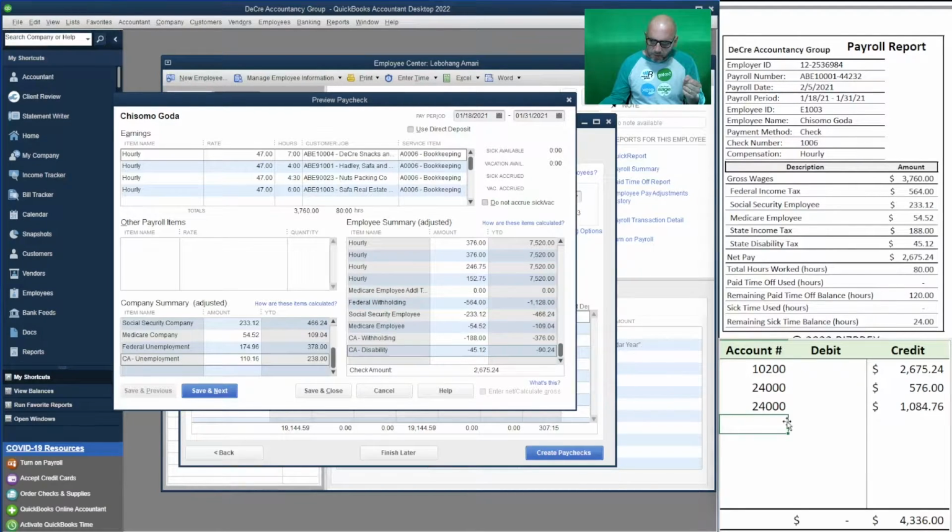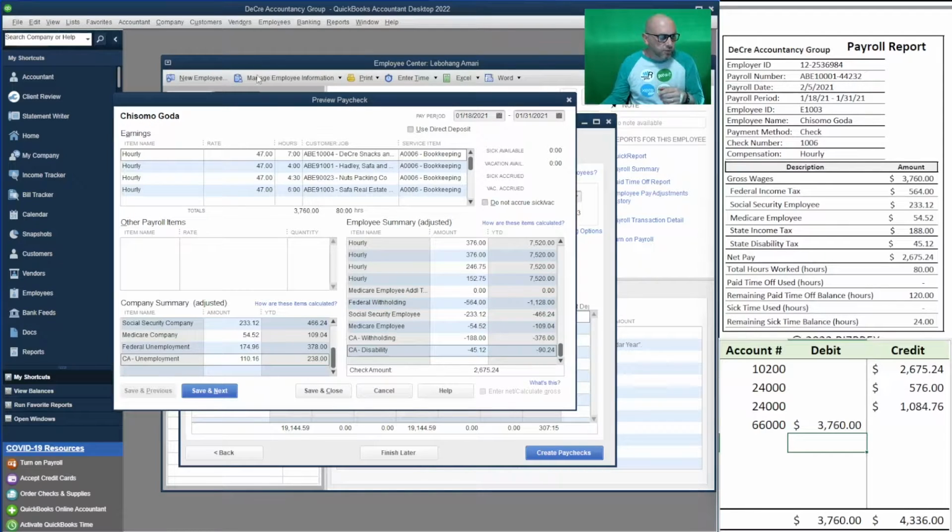Let's see. All right, our payroll expense is 60 thousand, and that's going to be our gross right here. So that's the wages.